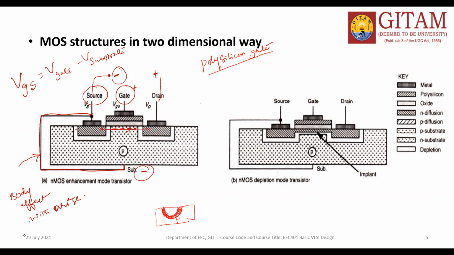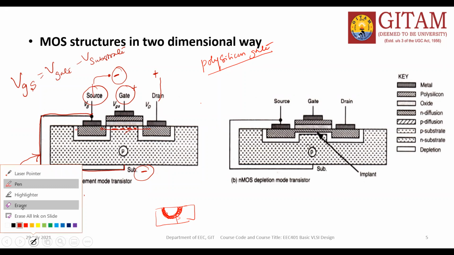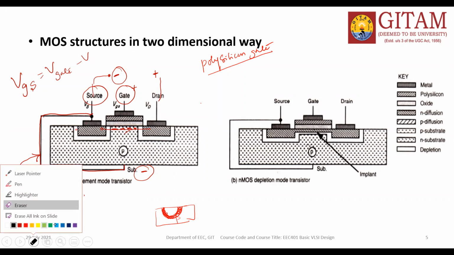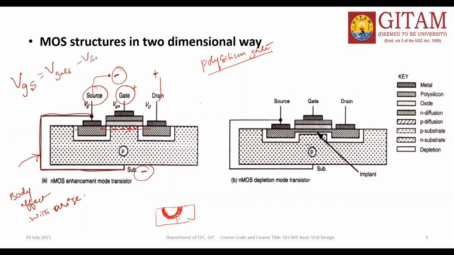I'm extremely sorry, it's not substrate, it is source. Are you agree with me? Fine. So we have to apply a sufficient gate to source voltage, then only the channel will be formed. That's why it is called an enhancement mode type of transistor.